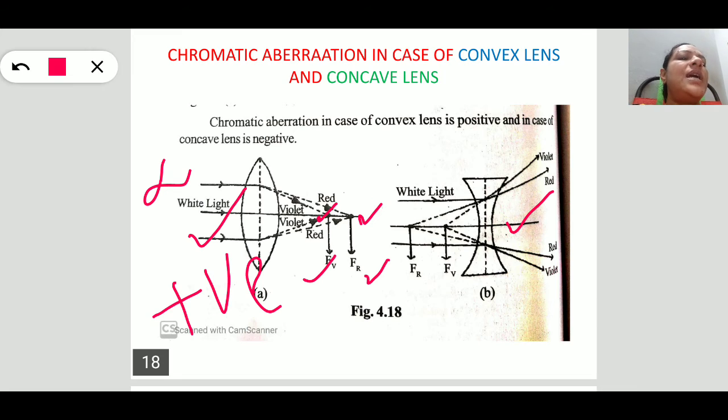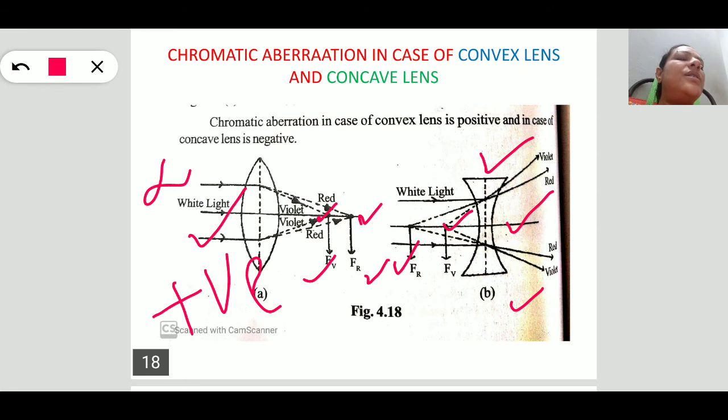In this slide you are observing a concave lens. The concave lens is the diverging lens, whereas the convex lens is the converging lens. In this concave lens, similarly, the rays diverge from the lens system. The violet rays diverge from this point, and similarly the red rays diverge from this point.